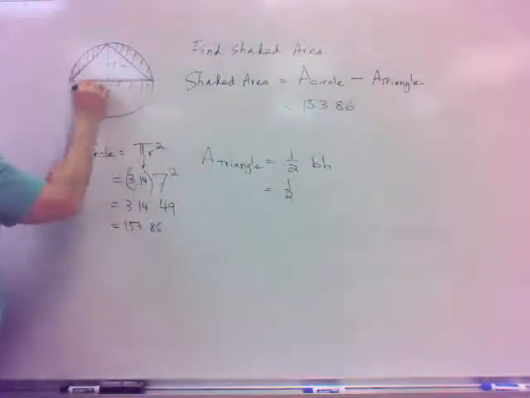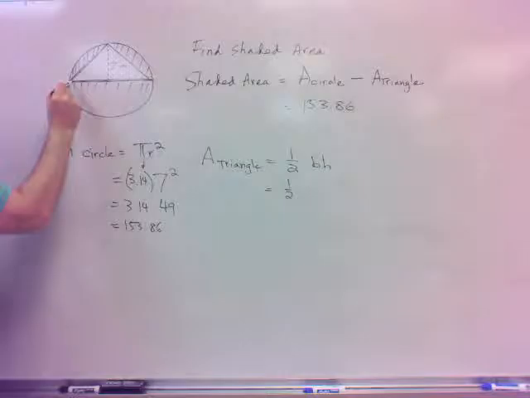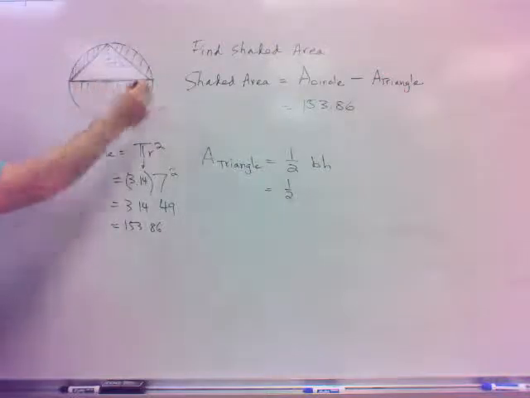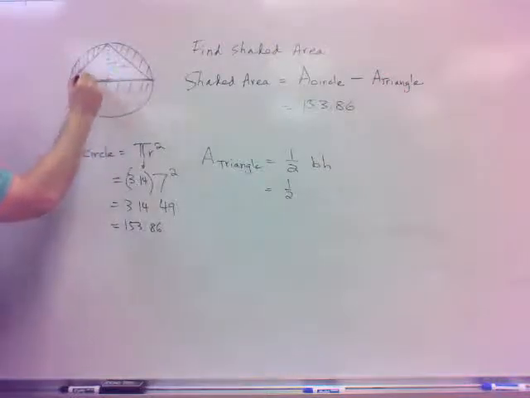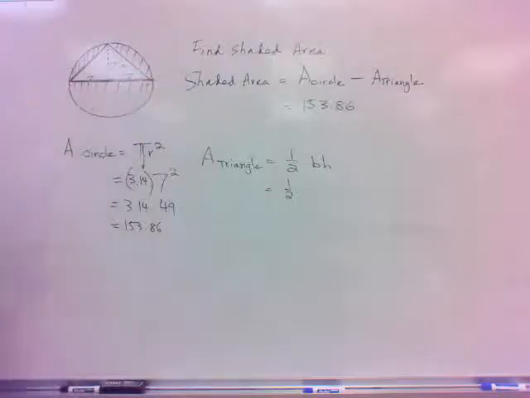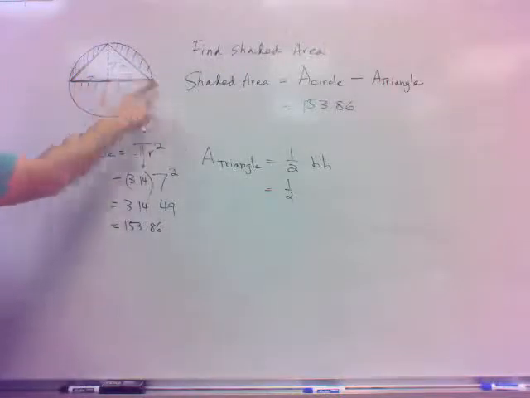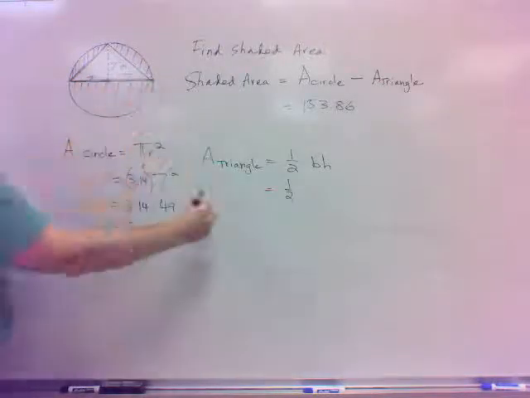All the way across. Do we know that? It's not given. However, doesn't the radius have to be the same? Isn't that a radius? Doesn't that have to be 7? The radius has to be the same all the way around for a circle. So if we consider those two the radius, which they are, I've got a 7. That's 14, isn't it? Across for the base.